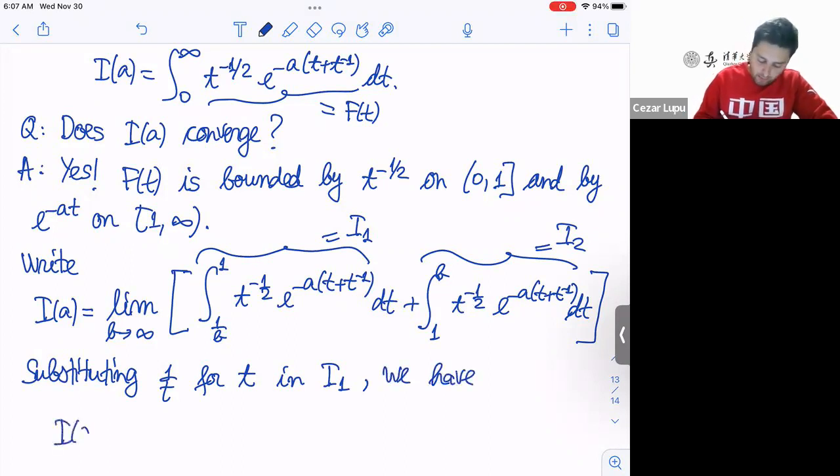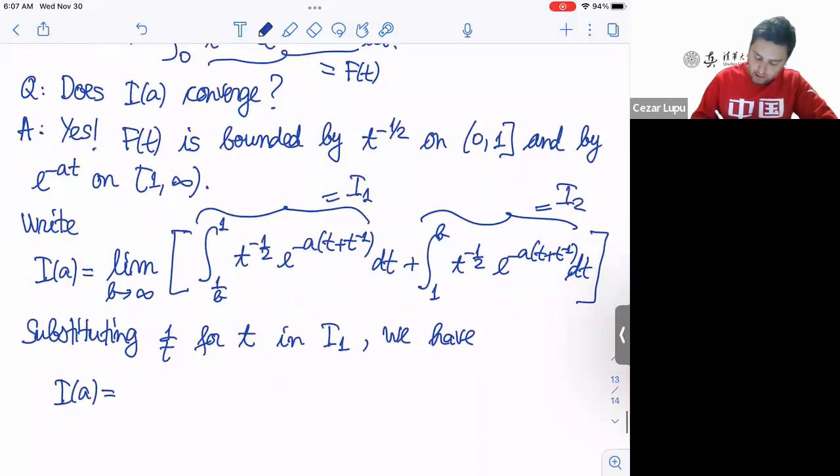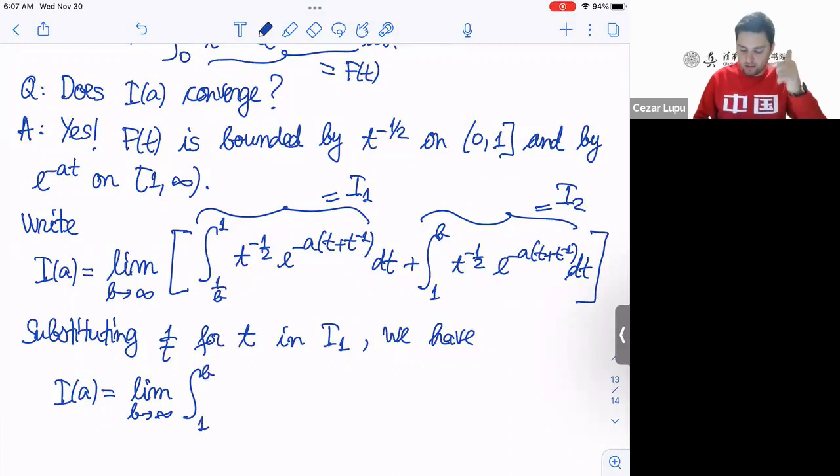So we have that I of a is nothing else than the limit as b approaches infinity of, now let's see, so this would be the integral from 1 to b. Yes, these two will swap. So basically this will be 1 over t for t. Now once I add these two up, I add I1 plus I2. Keep in mind that we have to add them.